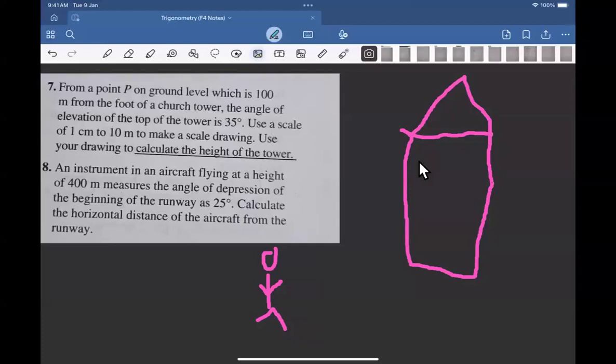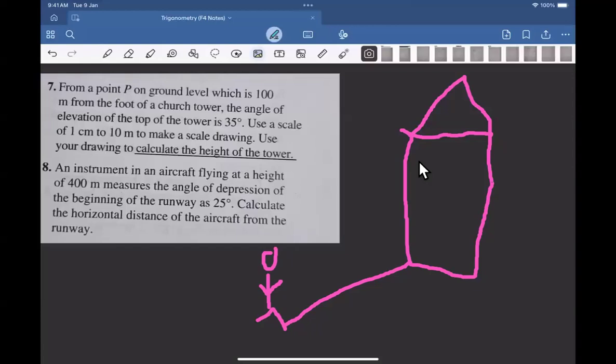Right, so now the 100 meters is from this person here to the church. It's level ground, so level ground is going to be like that. And the person, how far are they from the church? 100 meters.